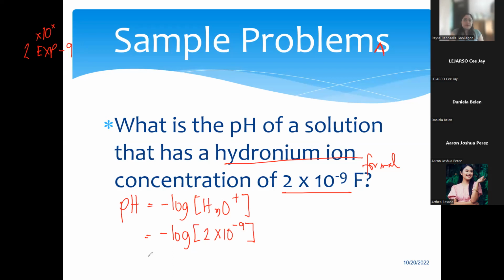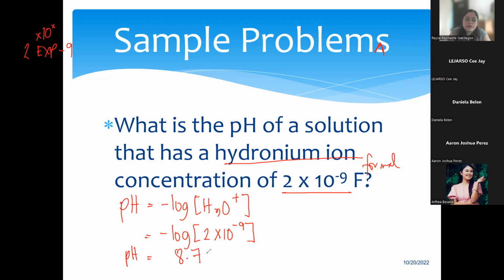Okay? So, what are we going to do with this? Input negative. Do not forget the negative, ha? Negative tapos log. Hanapin nyo yung log in your calculator and then ilagay nyo yung 2 exponent, EXP, and then -9. The answer is, if it's 2 decimal places, what's the answer?